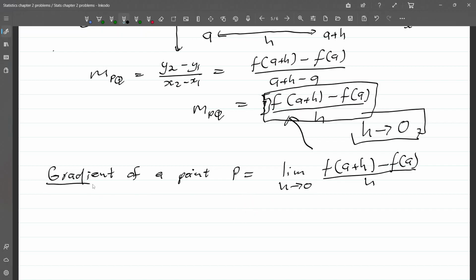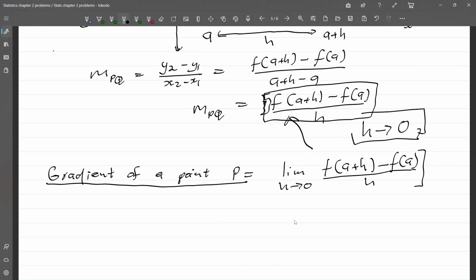What you're saying is that the gradient at a point P is what this function, the y value, approaches when h goes to 0. That is the gradient at P. And that is why I tried to explain the idea behind the limit.